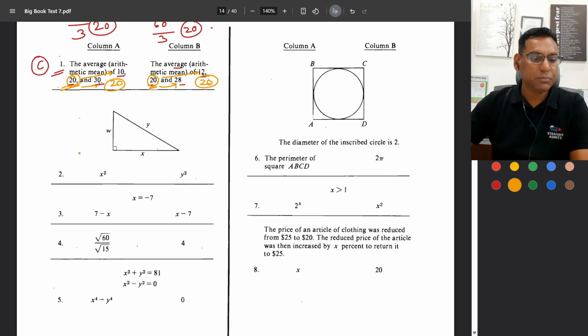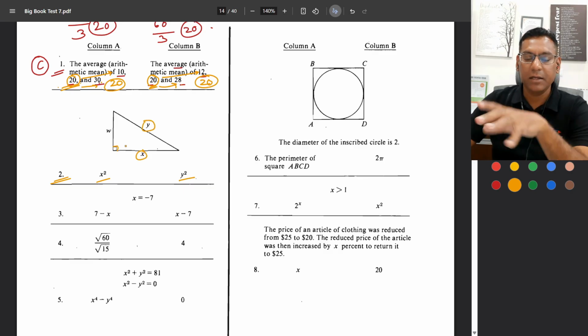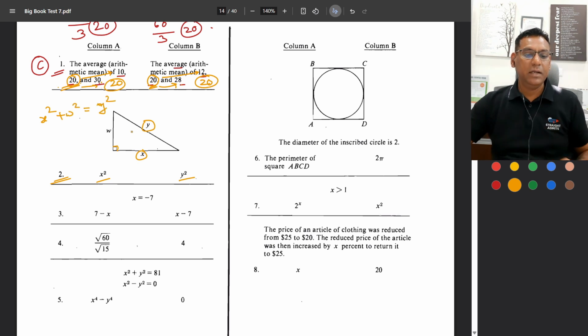Okay. Let's move on. Question number 2, x square and y square I need to compare. Triangle, okay, x is here, y is here. All right, and I know that it's a right angle triangle. So, typical Pythagorean triangle here. What can I know from this figure? I can know that x square plus w square is equal to y square. Okay, right, and w is some number, so this is going to have some positive value, right?